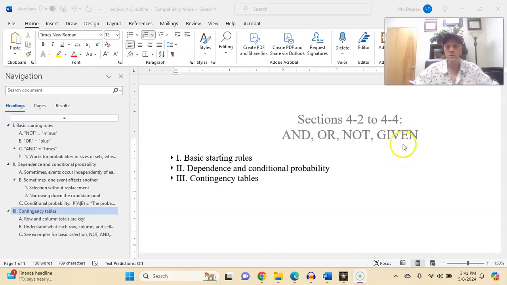Or some questions will be very clear-cut using the word given, like if you choose a student at random, what is the probability that she got a B in this class, given that she was a female? Okay, well, there the word given is just handed to us on a silver platter. But consider the following wording.